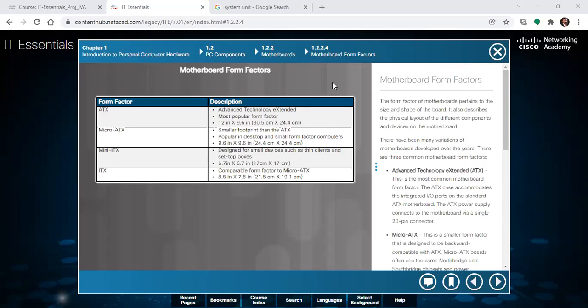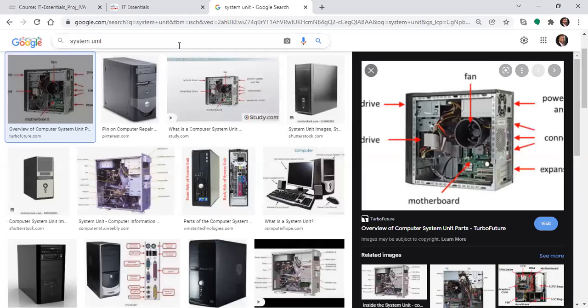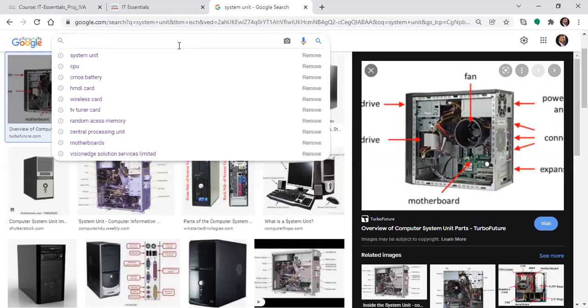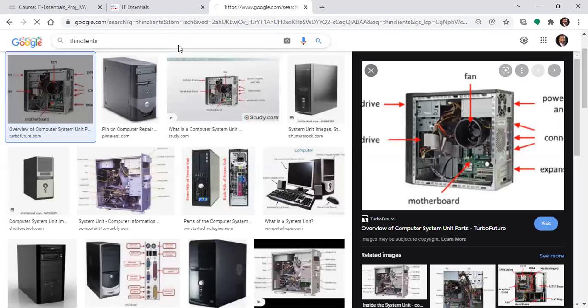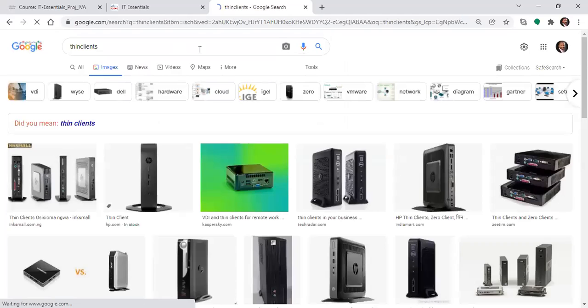Then you have another one that is smaller than the micro, which is the mini ITX. The mini ITX is designed for small devices such as thin clients and set-top boxes. I'm going to show you a diagram so you can understand what we're talking about. Let's look at the thin clients and see how a thin client functions. Can you see a thin client?